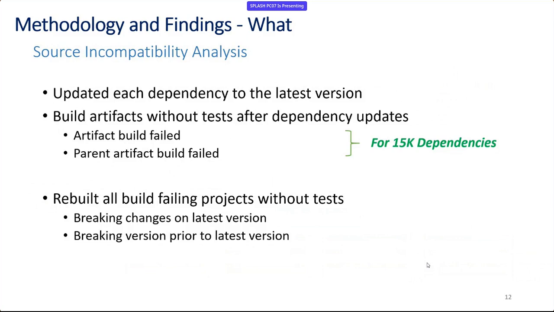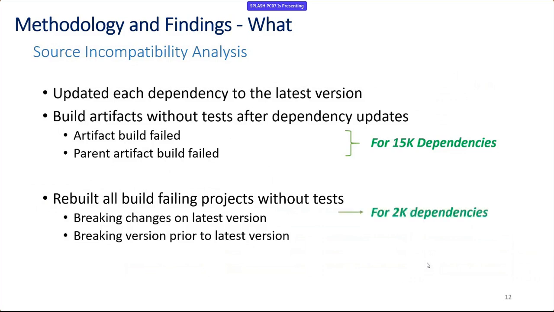We were interested in looking at the compilation errors. Between the current version that is used in the dependency and the latest version, there can be multiple other versions that were released. Since we needed to target the breaking version that was introducing the incompatible changes, we looked at the Maven versions that were released between the current and the latest version and tried to update them incrementally to detect the breaking version that introduced incompatibilities.